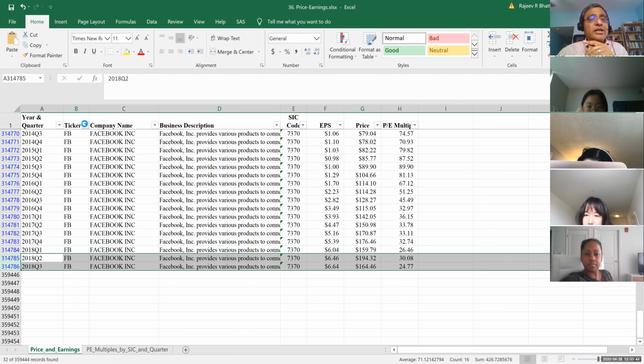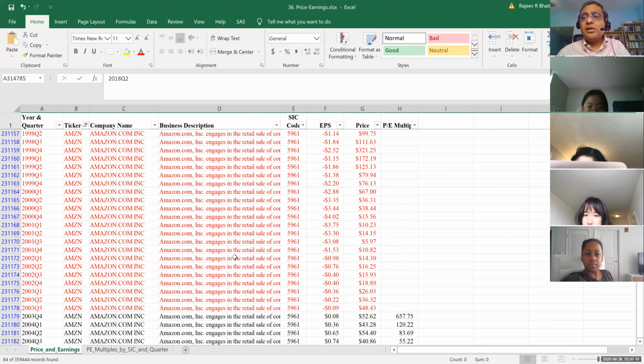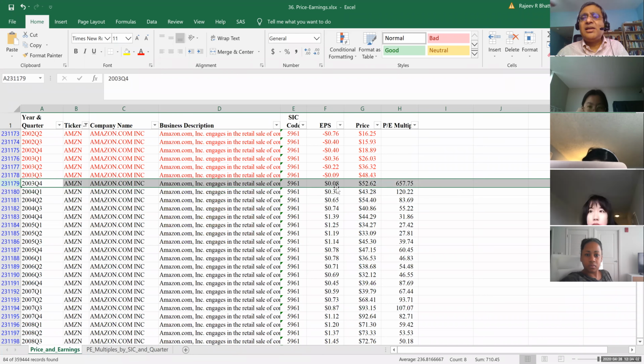All right, let's look at Amazon. And I want you to keep this in mind. So Amazon had negative EPS for quite a while. When it first started trading, the EPS was so tiny that the 657 number is kind of an outlier.